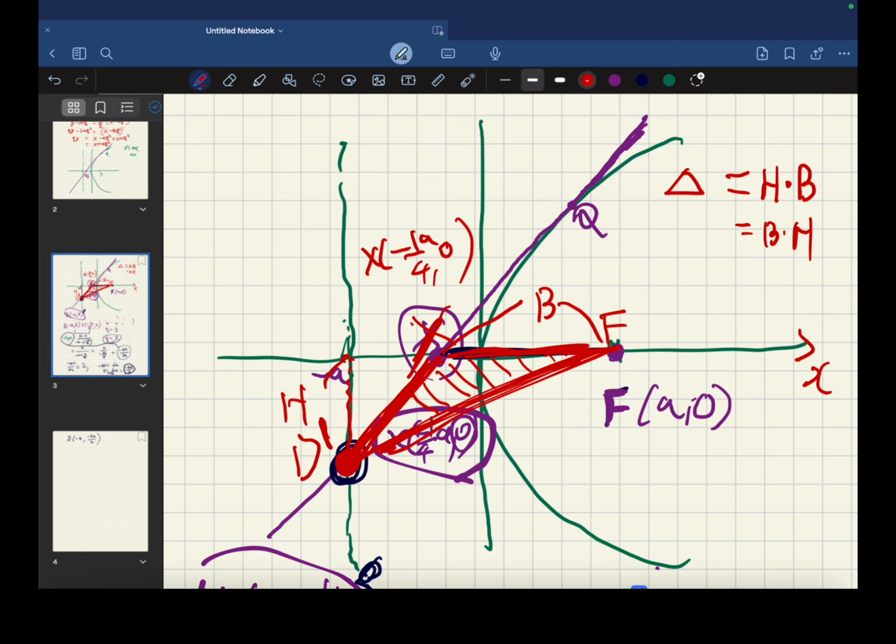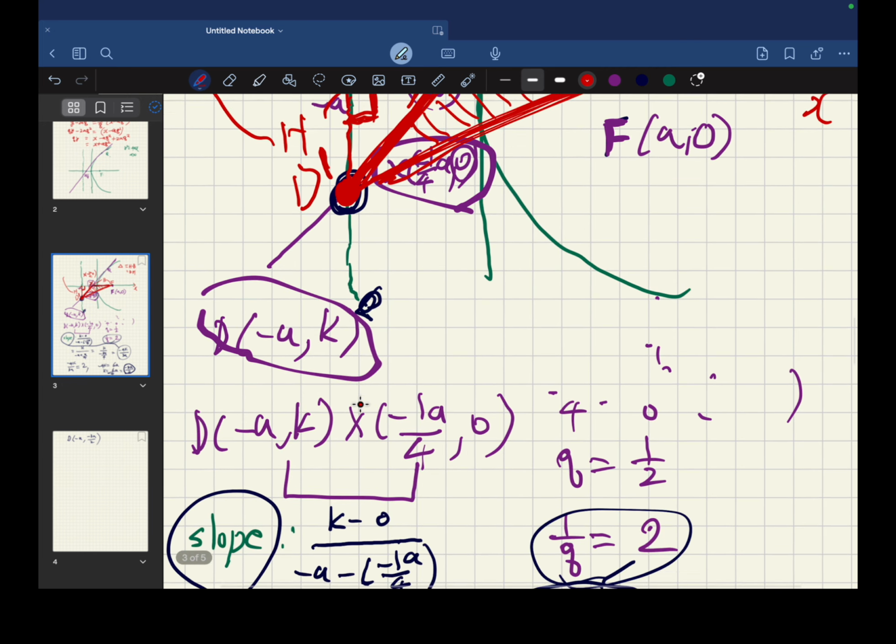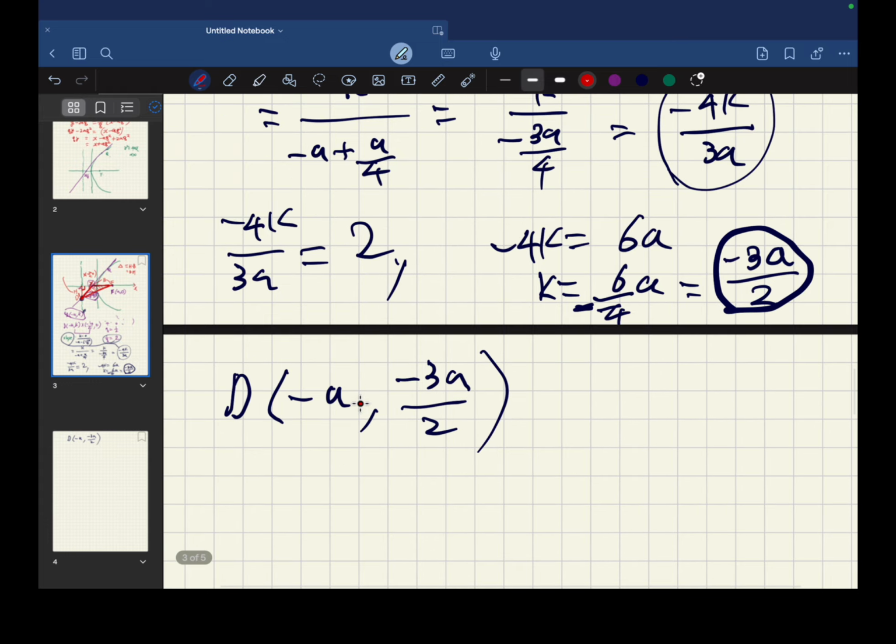And since this is the shortest, vertical distance, we can simply find it by using the y coordinate of the point D. What was the k here? k was minus 3a over 2.